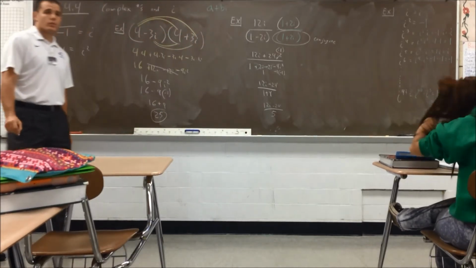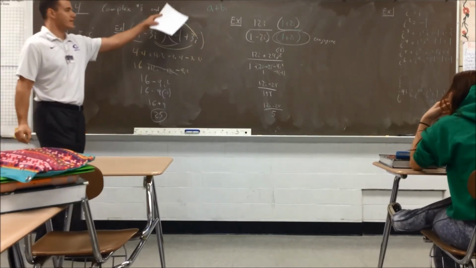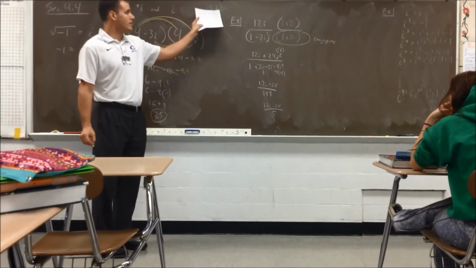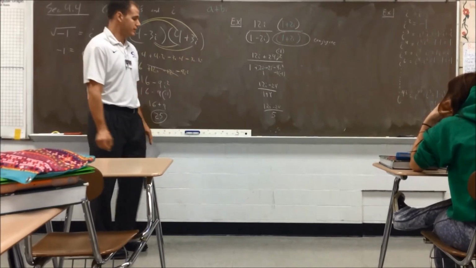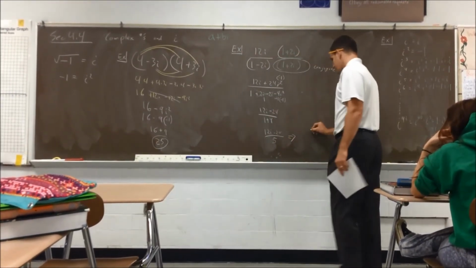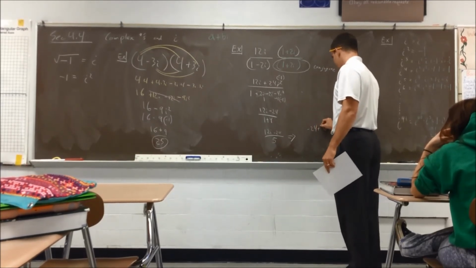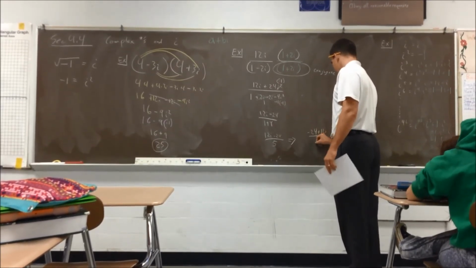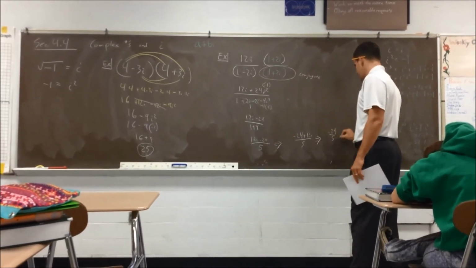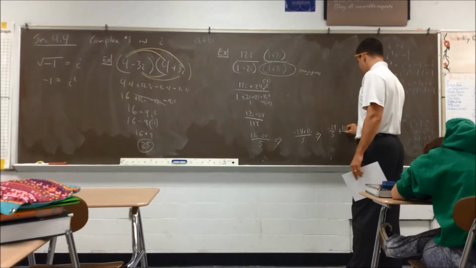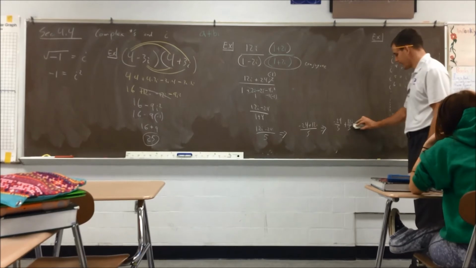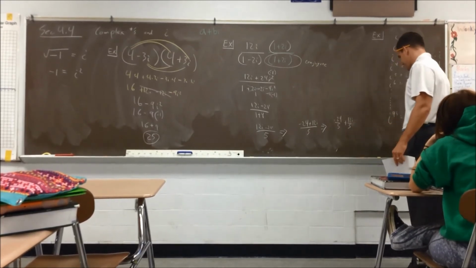Now, normally we like to think that's okay, but they want it written as a complex number. So we got to stick the i's on the end and have the two numbers separate. So we're just going to switch this around to negative 24 plus 12i over 5, which gets switched to negative 24 over 5 plus 12i over 5, or 12/5 i.